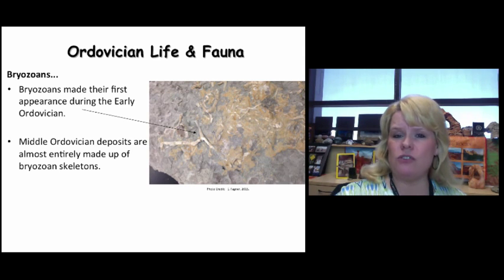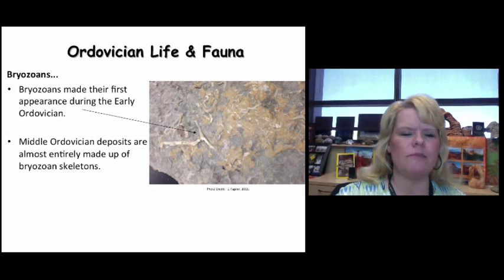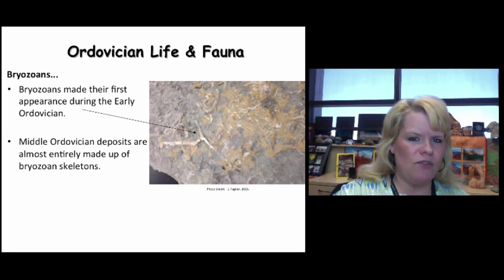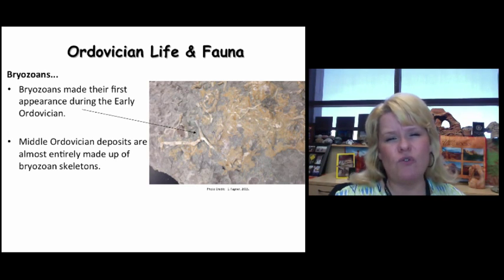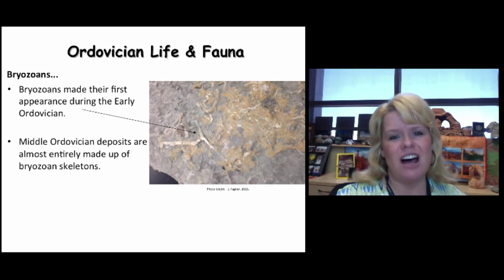So they made their first appearance during the Ordovician. By the middle Ordovician, you have rocks that look like this that are so fossiliferous, full of bryozoan deposits, that it's almost hard to differentiate any other types of fossils, or sometimes even the rock type, because it's so full of bryozoan fossils.